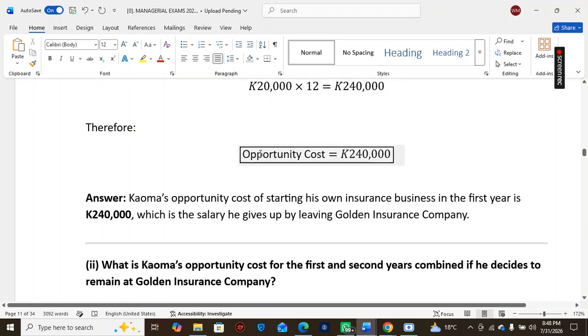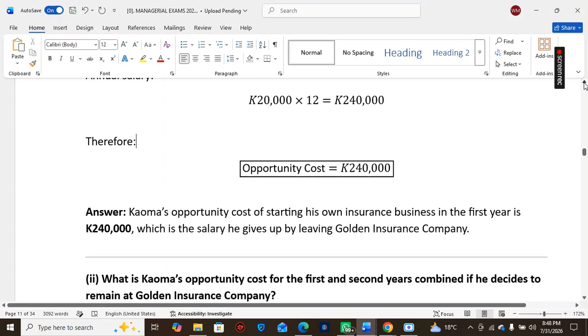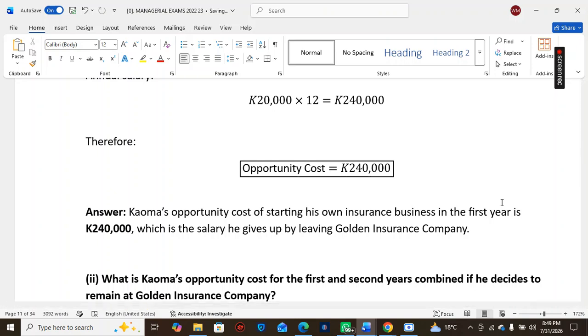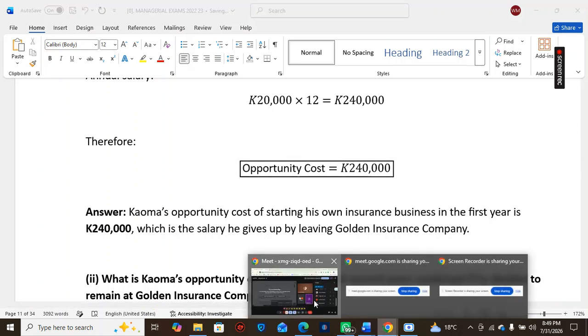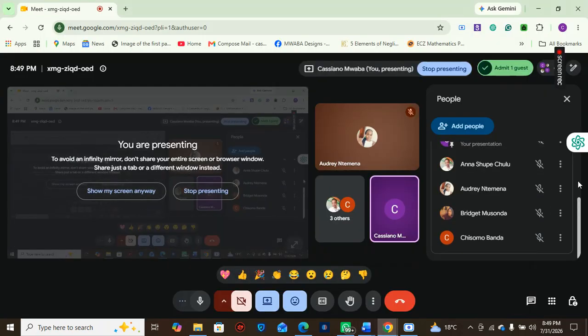So his opportunity cost is this 240,000 of his income if he decides to open up the insurance company. Remember, colleagues, opportunity cost is the value of what you give up whenever you make a choice. He has made a choice to start his business, so the cost of that choice is this 240,000 yearly income.